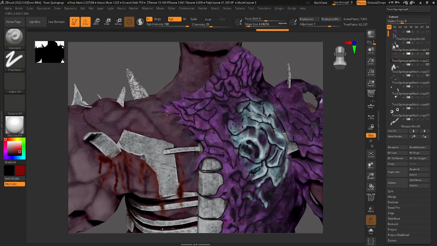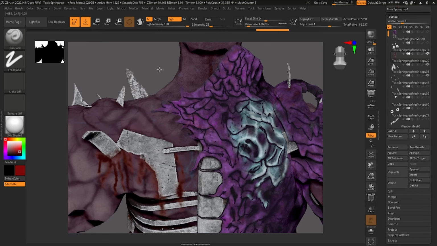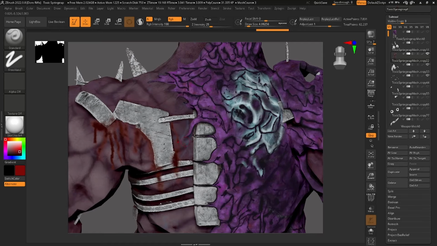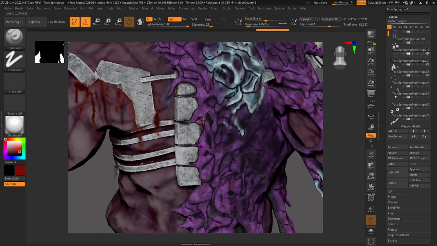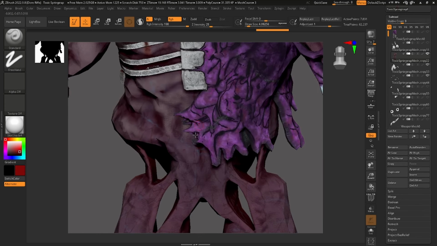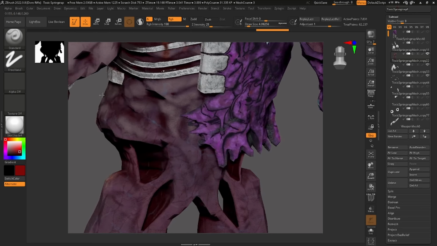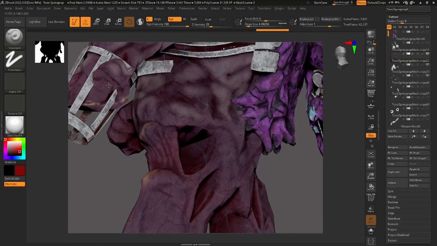You can see little tendrils grabbing onto his skin. Especially right here, it's going in between the suit or the spine vertebrae. Here and here, almost like it's digging in and trying to form with him.